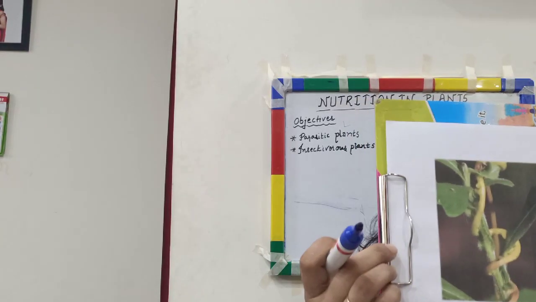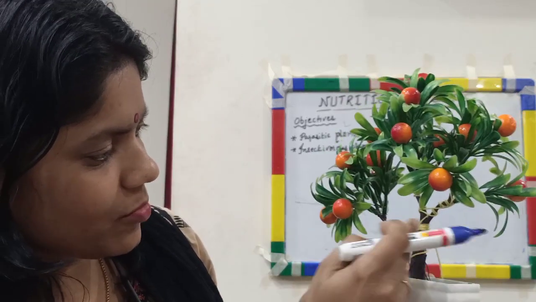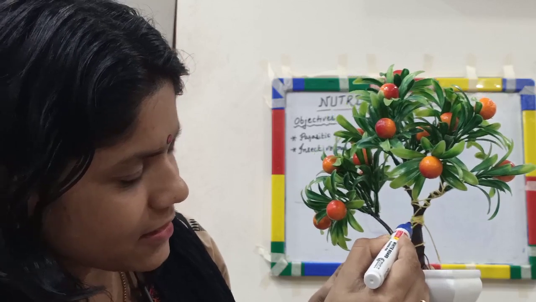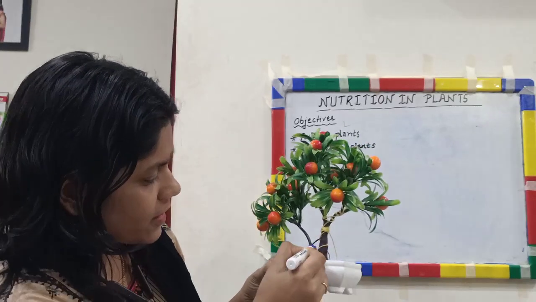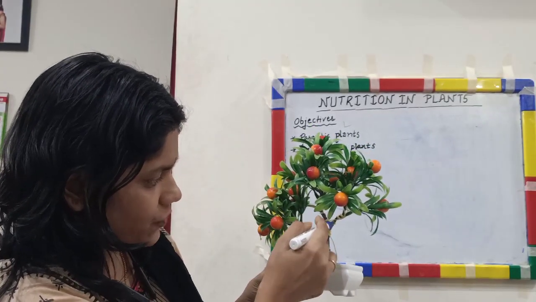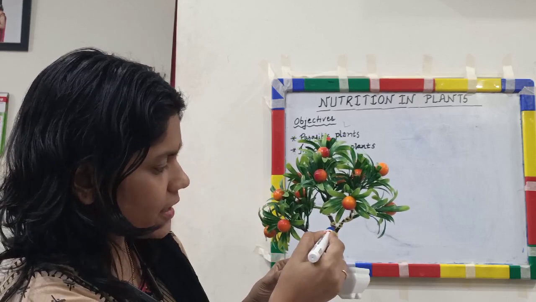For a better understanding, you can see it through this model. This is a model of a tree and you can see some thread-like structures are twining around its stems. So these thread-like structures are also another plant. This is one tree and these thread-like yellow colored structures are also another plant.